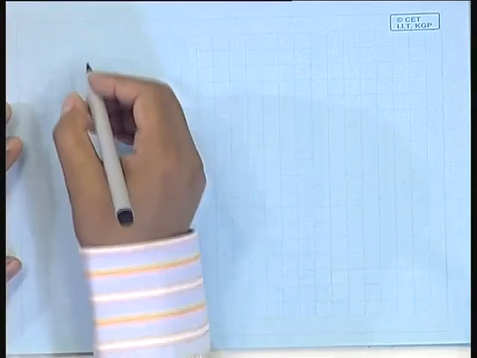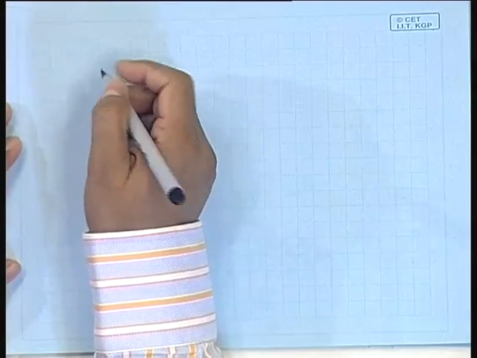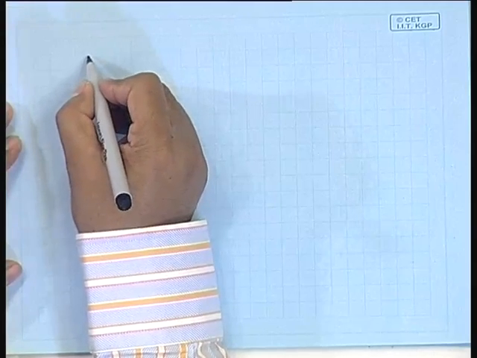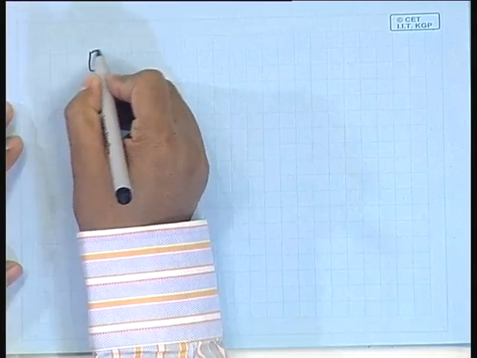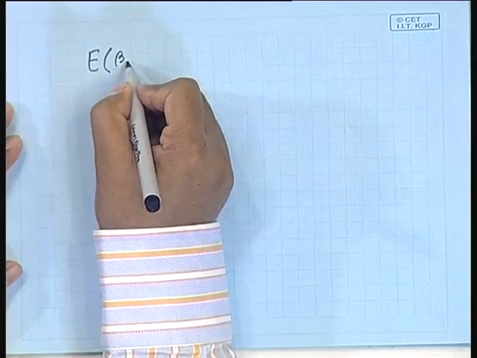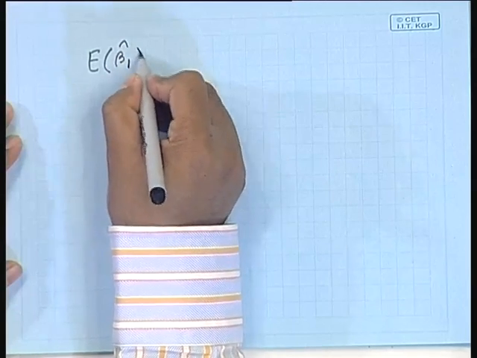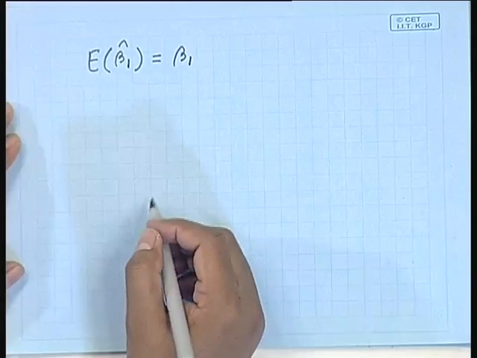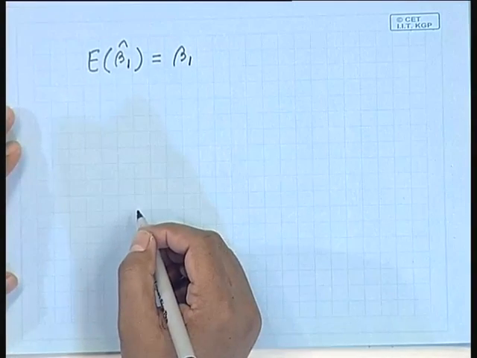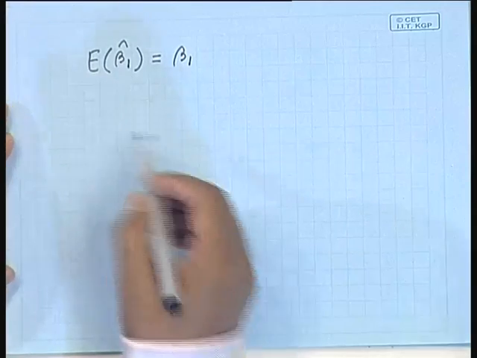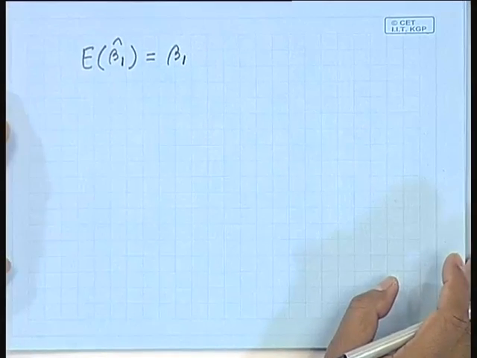Next, let me prove that the estimators beta naught and beta 1 are unbiased estimators. That is, we are going to prove that expectation of beta 1 hat is equal to beta 1. If this is true, then we call beta 1 hat an unbiased estimator.